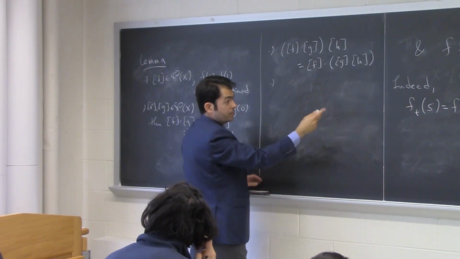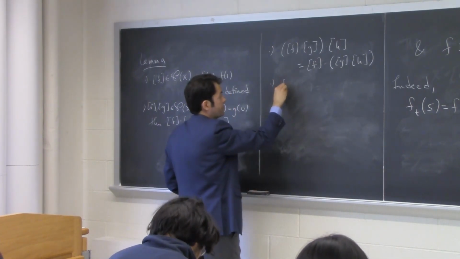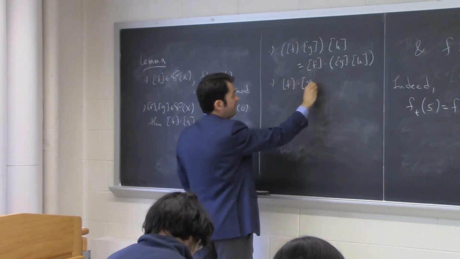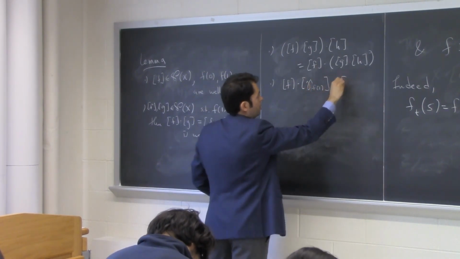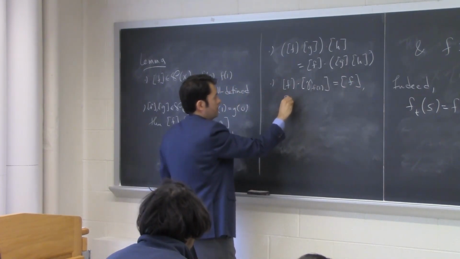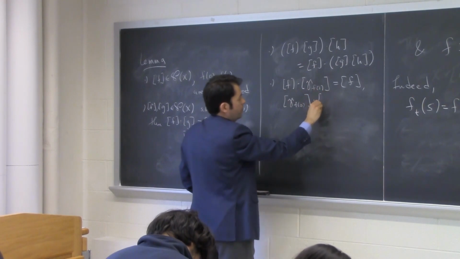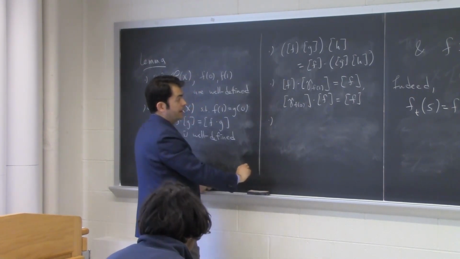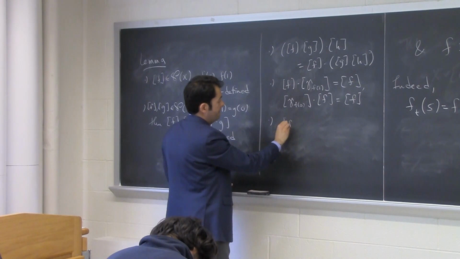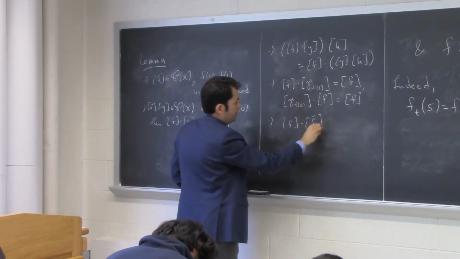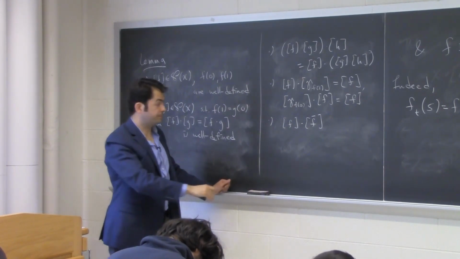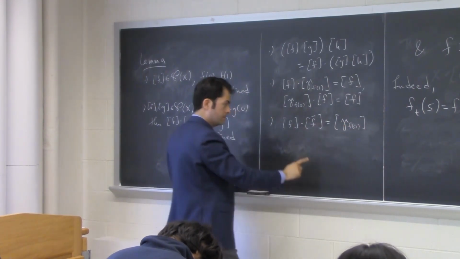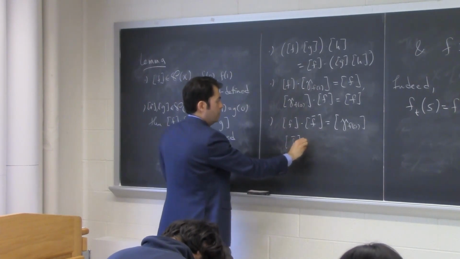You have trivial elements: if you concatenate F with the constant path at the right endpoint, you get F. If you concatenate the constant path at the left endpoint with F, you still get F. And if you concatenate with the inverse path, you get the constant path at one endpoint or the other.